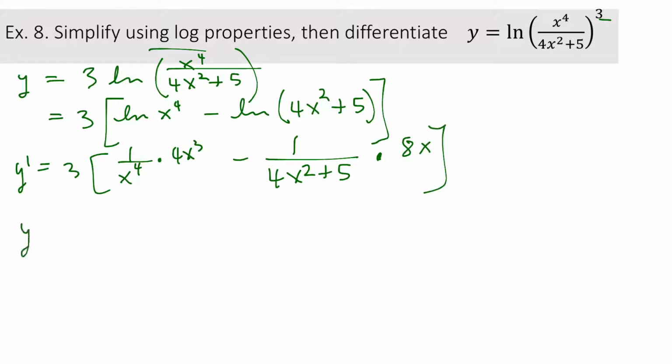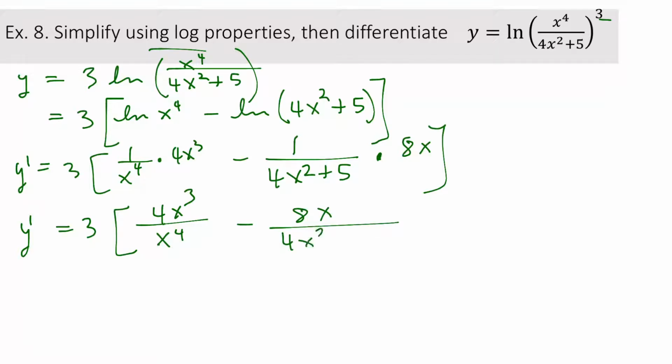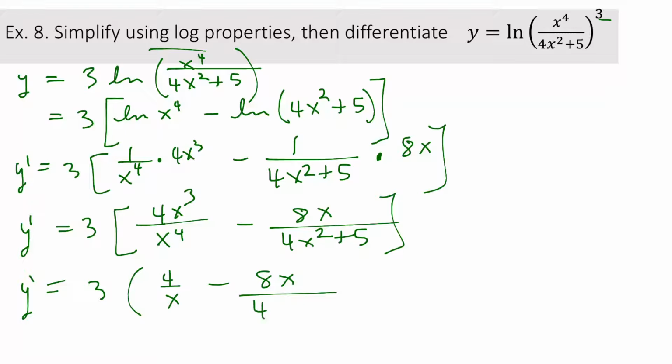Now we clean it up a little bit. 4x cubed divided by x to the 4th. 8x divided by 4x squared plus 5. And then we'll simplify that first fraction, and we'll get 4 over x, 8x over 4x squared plus 5. All right, so let's just leave it like that.